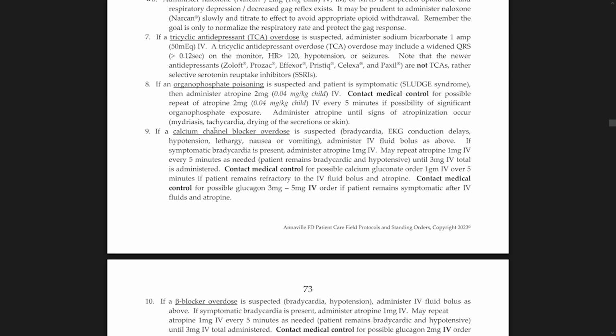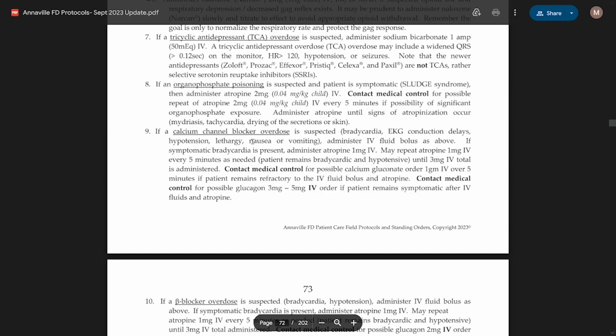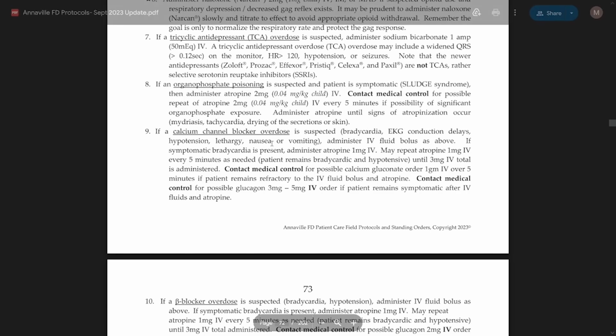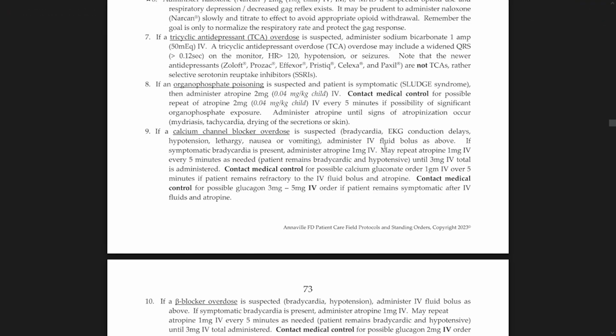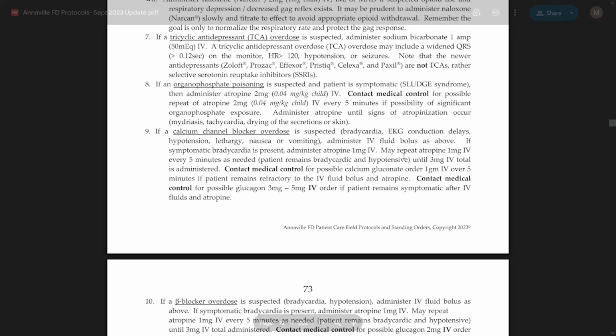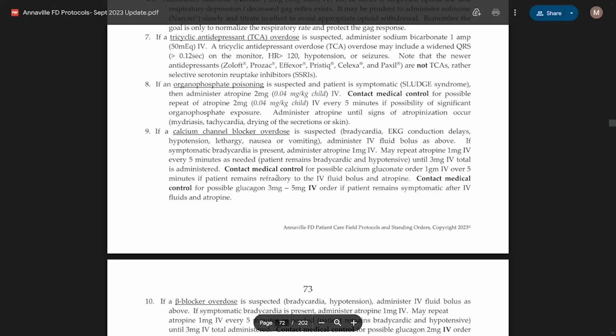If a calcium channel blocker overdose is suspected, bradycardia and EKG conduction delays, hypotension, lethargy, nausea, or vomiting may have occurred. Administer IV fluid boluses as above. If symptomatic bradycardia is present, administer atropine at 1 milligram via IV, and you may repeat the atropine dose every 5 minutes as needed until 3 milligrams is administered in total.